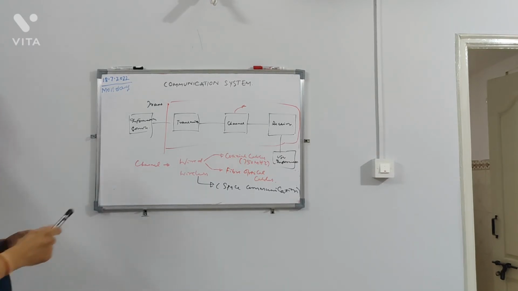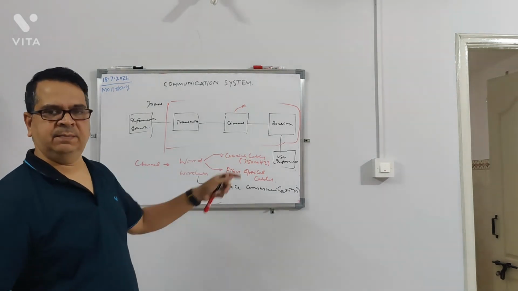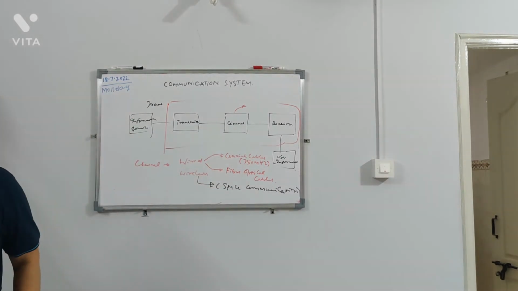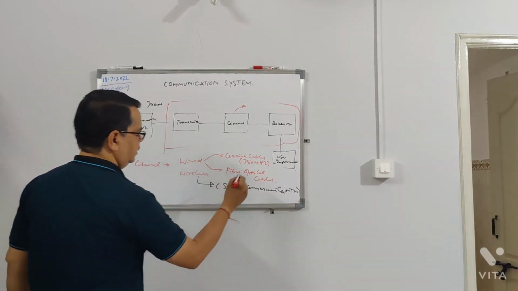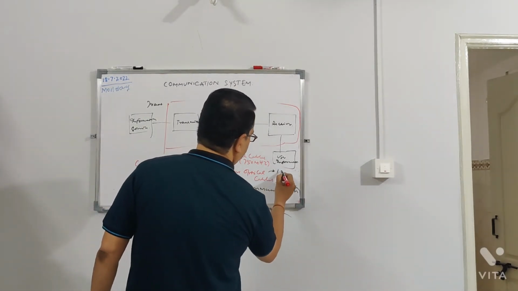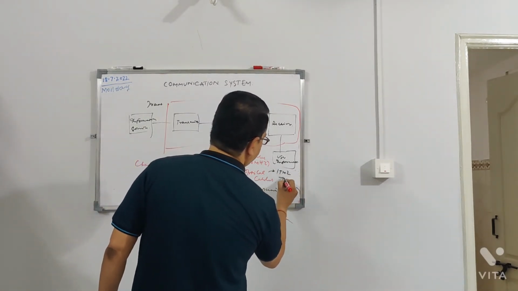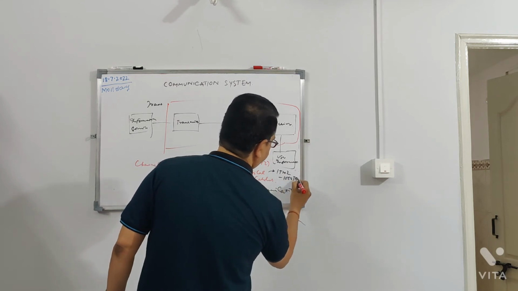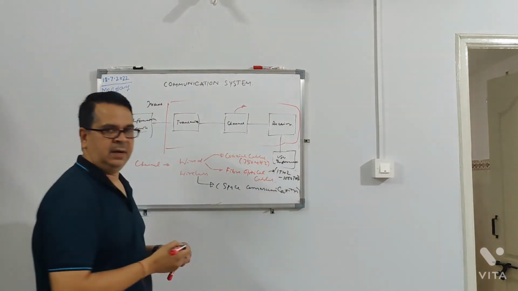So the frequency range for the coaxial cable is 750 megahertz, and for the fiber optic, it can go from 1 terahertz to 1000 terahertz. Very high frequency communication can happen.